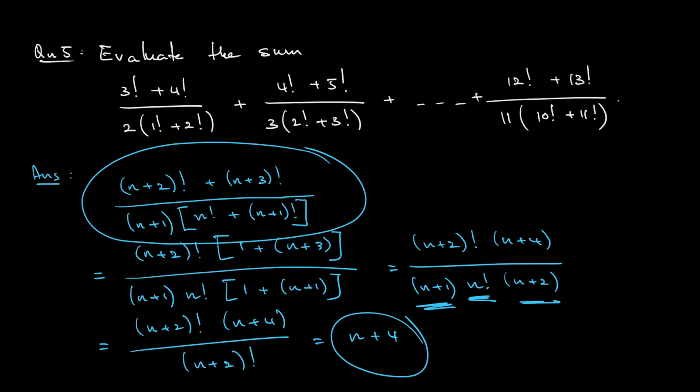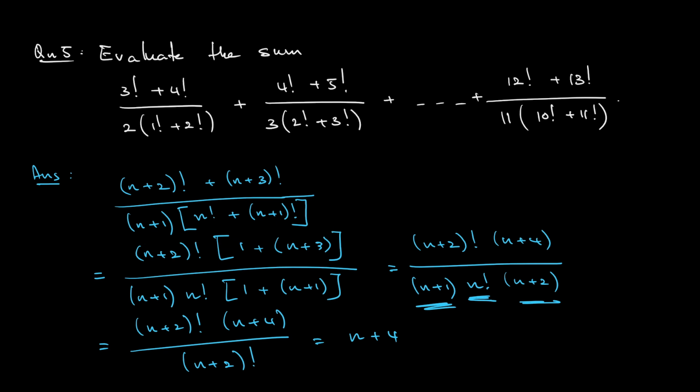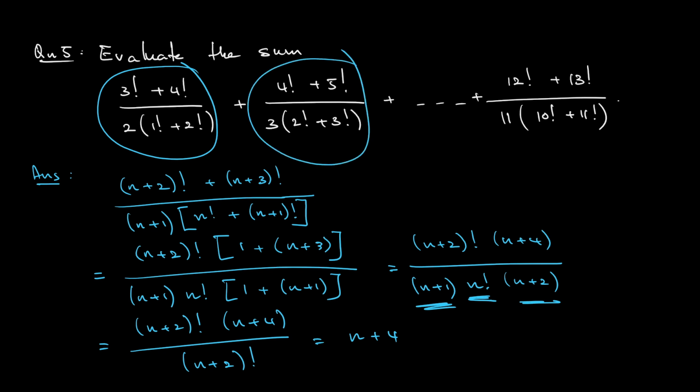So this complicated expression is just equal to n plus 4. What does that mean? When n is equal to 1, this is the fraction, and that is equal to 5. When n is equal to 2, this is equal to 6. All the way until here, when n is equal to 10, that is just 14. Not 15, sorry, I think I may have said 15. It's 14.